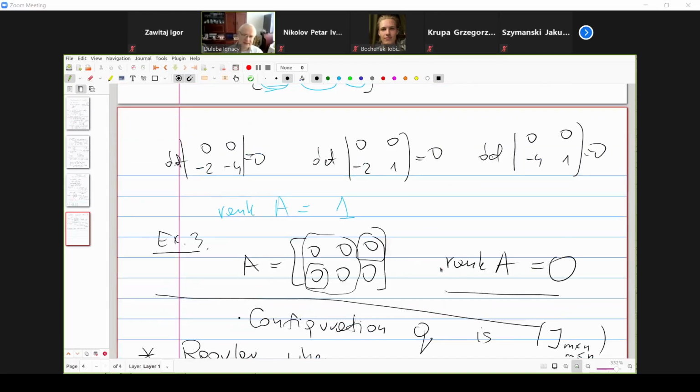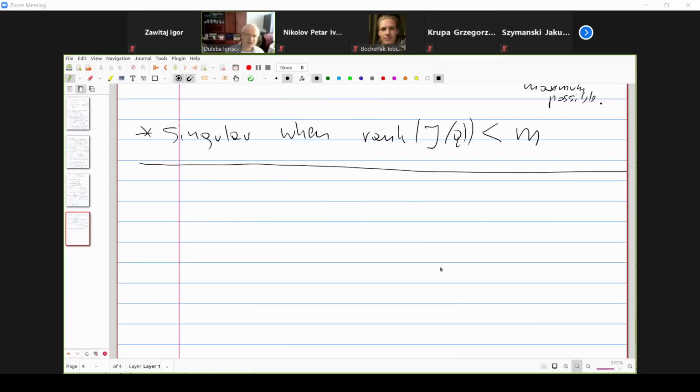Example: what's the problem with inverting matrices?